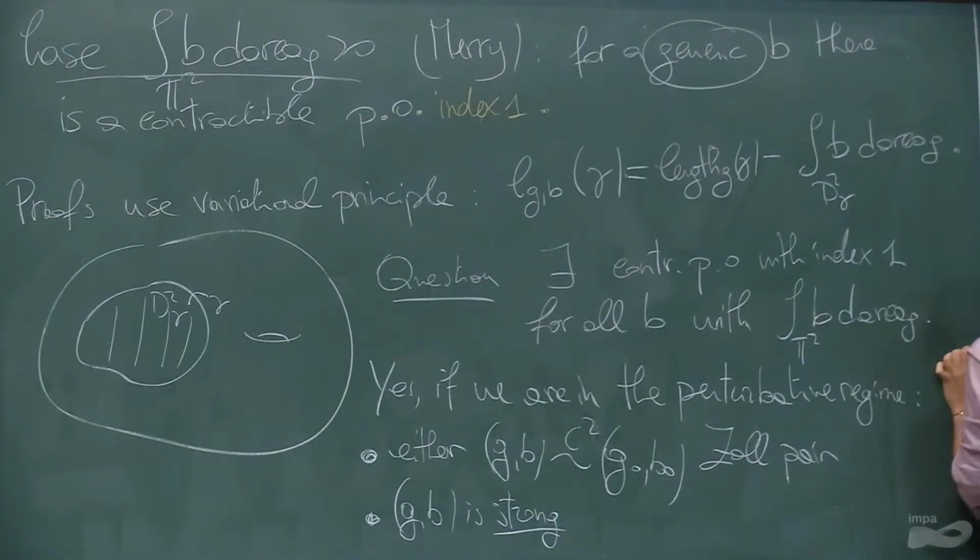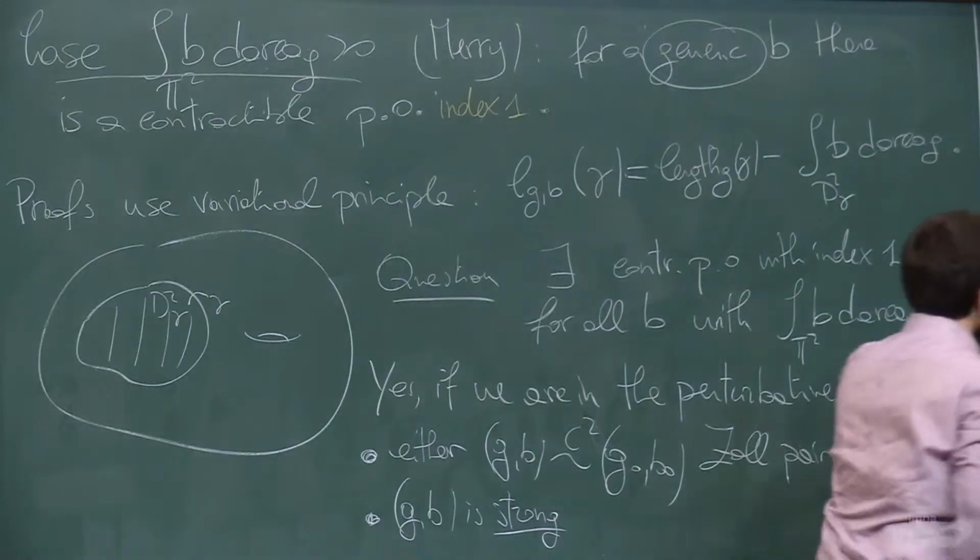We say that GB is strong if I can write B as a positive constant S times a positive function B1. So here B1 is a positive function, and S is a positive constant, which is large with respect to G and B1.